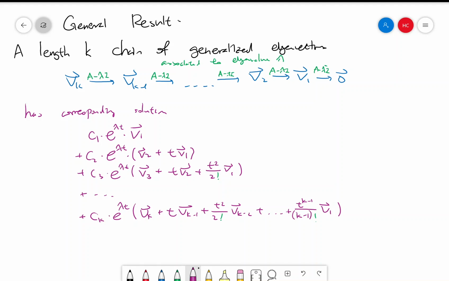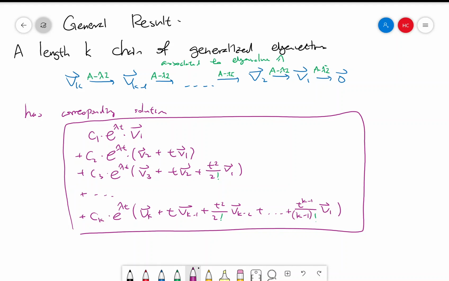So this is what happens when you have a really long chain. In reality, our chain is not going to be longer than 3, but this is what a corresponding solution looks like if you have a really long chain of generalized eigenvectors.